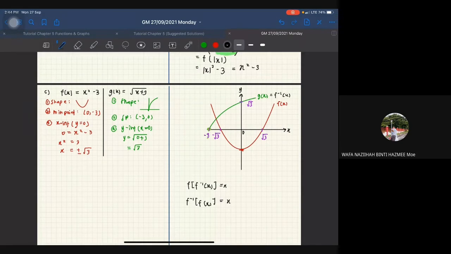Okay, so they are actually the inverse of each other. Okay, so macam mana kita nak jadikan dia inverse of each other? So bila awak tengok sekarang ni, mana satu function yang tak ada inverse? Mana satu function yang bukan one-to-one function? Yang warna merah ke yang warna hijau? The red one or the green one?